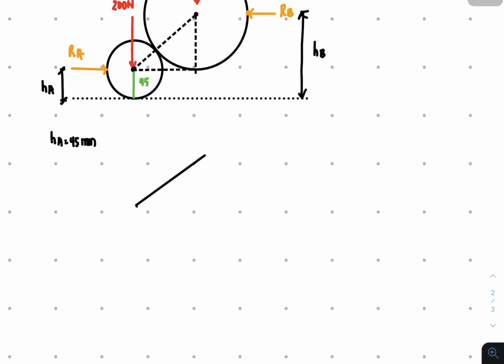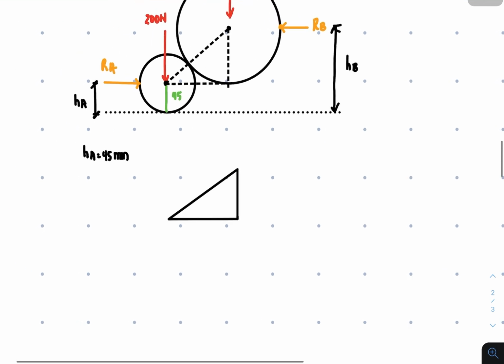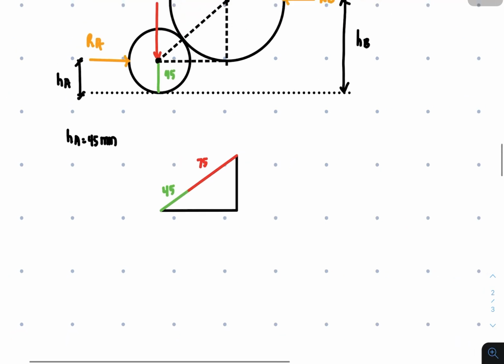So let's just copy the formation, and then this one here, let's extend it. Okay, so as you observe, this is the radius of the first sphere, which is 45, and the second one is the radius of the second sphere, which is 75.